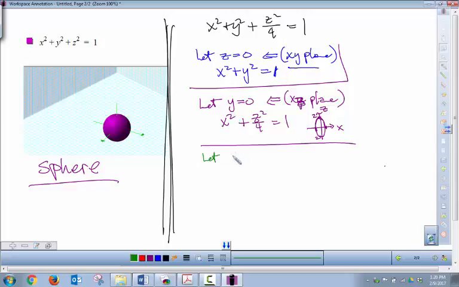So you can imagine the other parts of that happening. Let x equal to 0, so that's the yz plane. You're going to get y squared plus z squared over 4 is equal to 1. Again, you'll get this elongated ellipse on the yz plane. Now imagine trying to draw this without a computer.